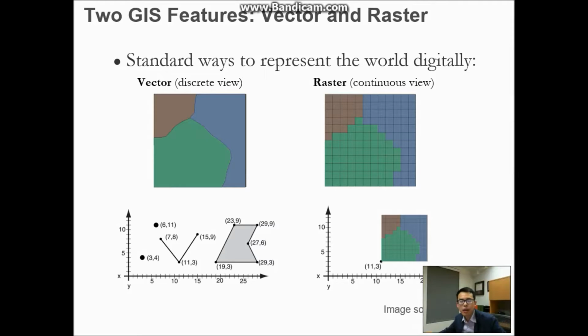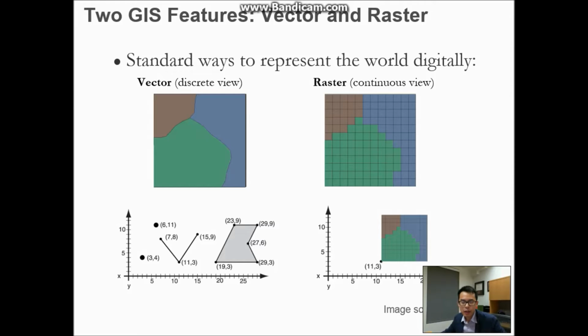So the vector layer gives you a discrete view of the map, which means all the objects are discrete, they are not continuous. And the objects are constructed by coordinates. So a point can be represented by a set of coordinates such as 6, 11.